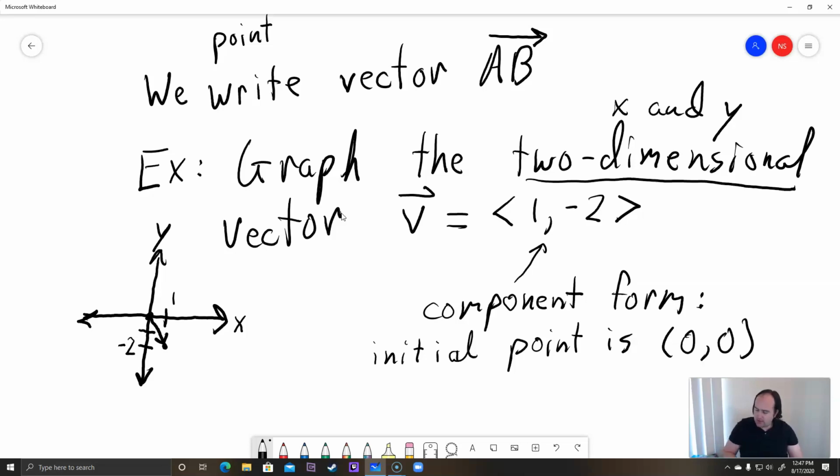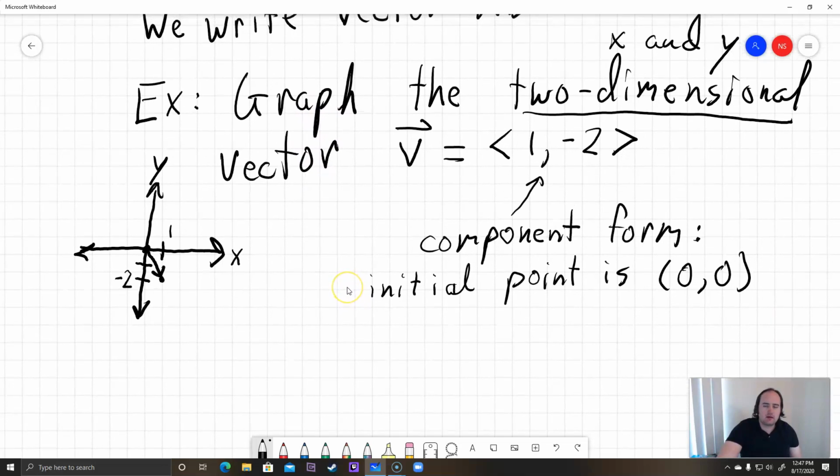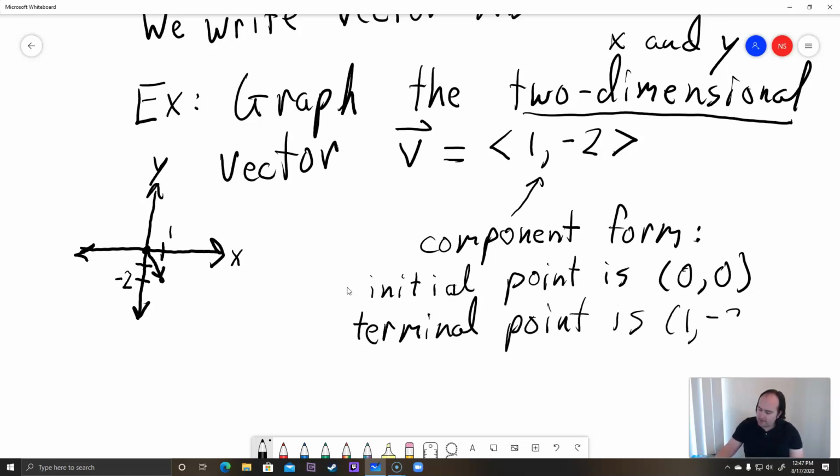So the initial point is always the origin when they have a component form vector like this. It's also called a position vector in some other books. The initial point is 0 comma 0, and then the terminal point is 1 comma negative 2.